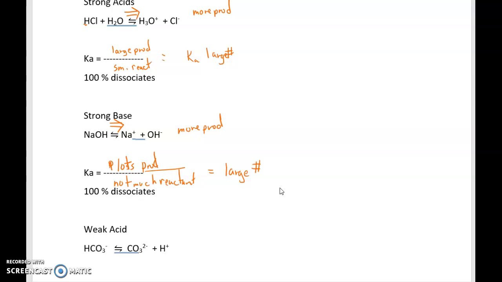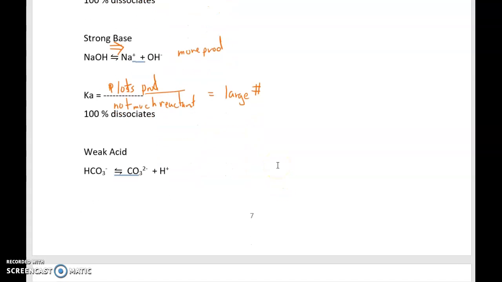With a weak acid, we find that it's not very successful. This bicarb is not going to be very successful at getting rid of this hydrogen, and it's going to make more reactants.